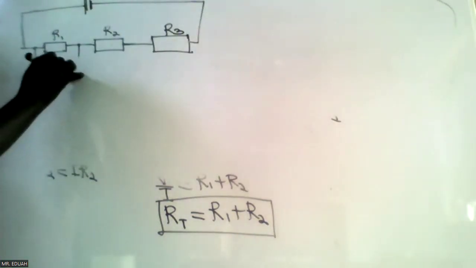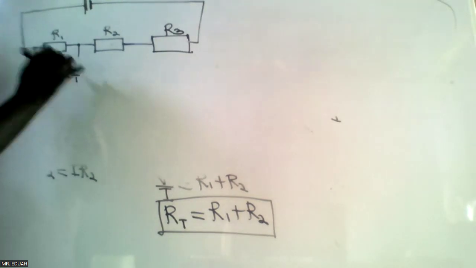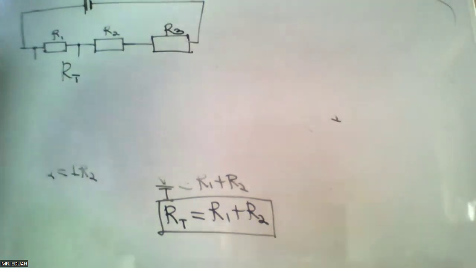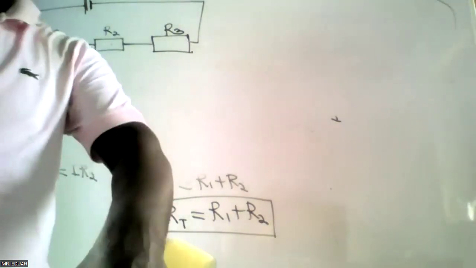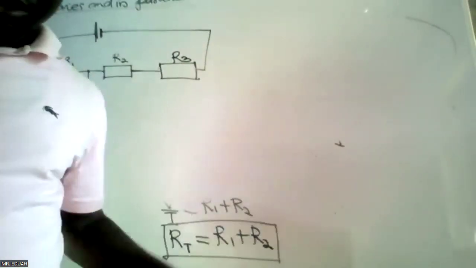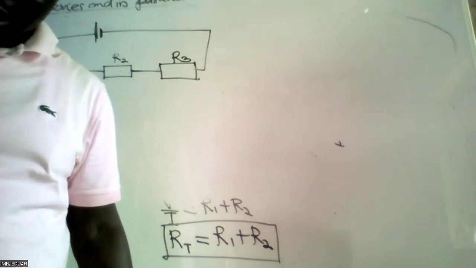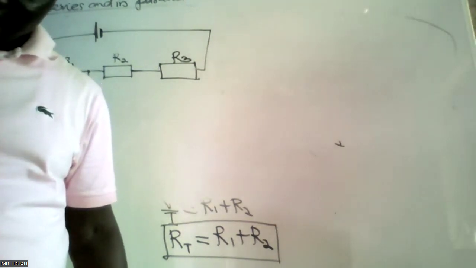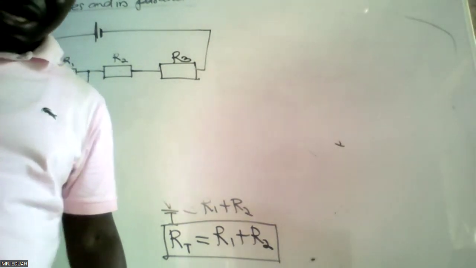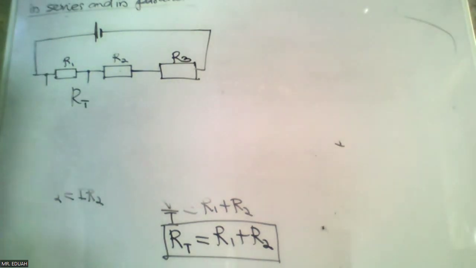Help me find the total resistance, RT, for 3 resistors connected in series. I'm giving you 3 minutes.